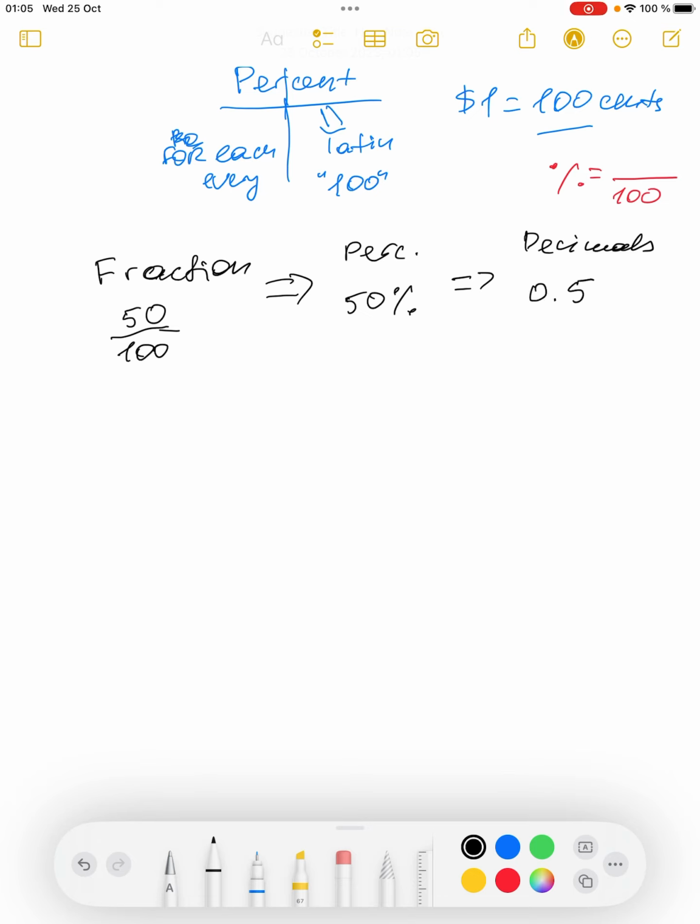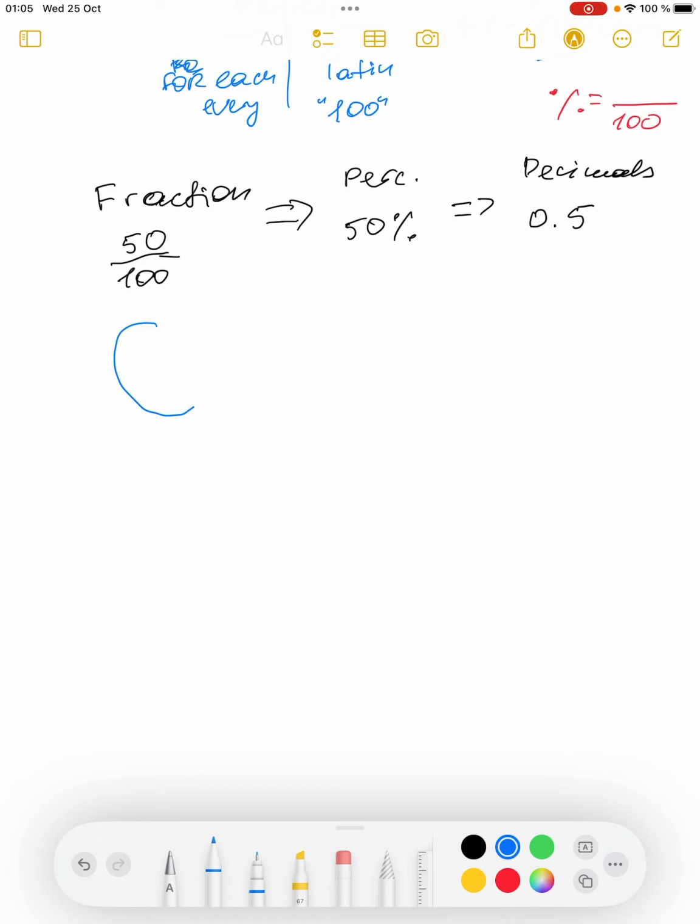So we all start learning fractions from pies, right? So we have this whole pie, it's just one full pie, right? Your one full pie. One. If you want to take 50% of this pie, that would be a half, right?